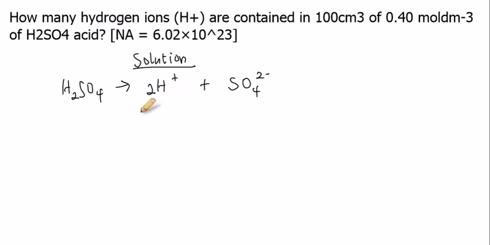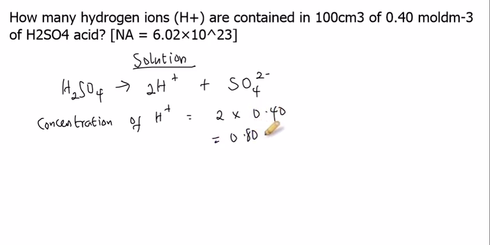So now, since the concentration given is 0.40, that means the concentration of hydrogen ion equals the coefficient here multiplied by the concentration of the acid itself, which is 0.40, and that will be 0.80, the unit mole per dm³. So that is the concentration of hydrogen ion in the acid.